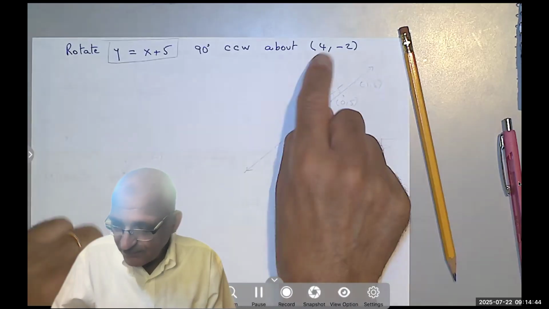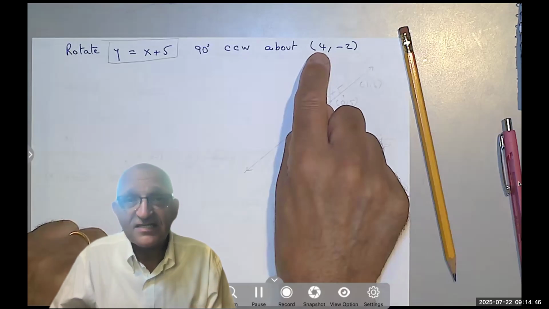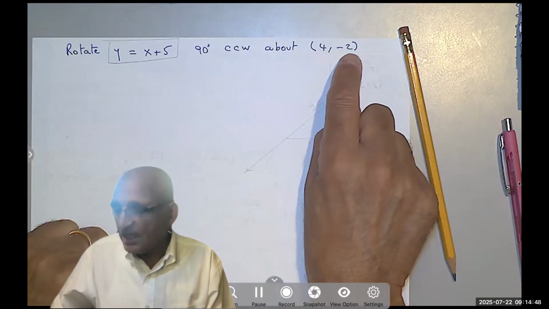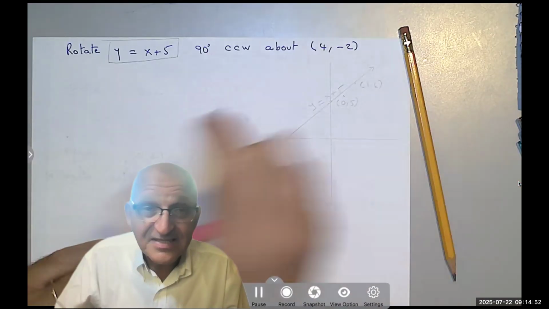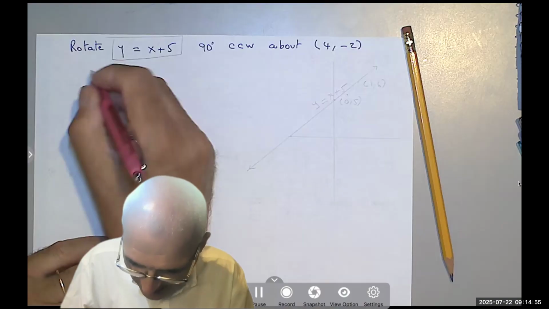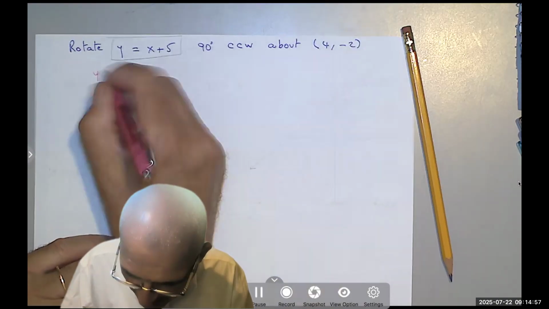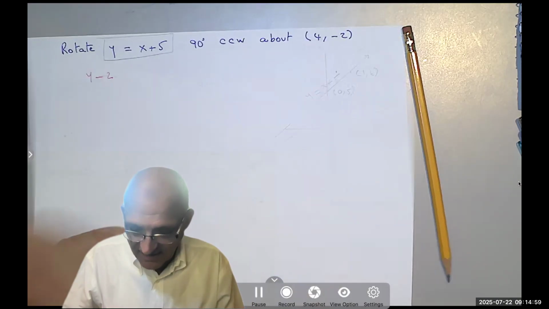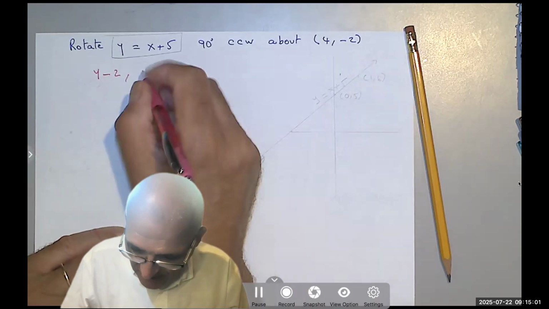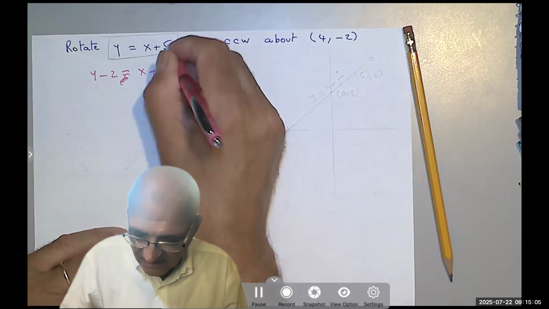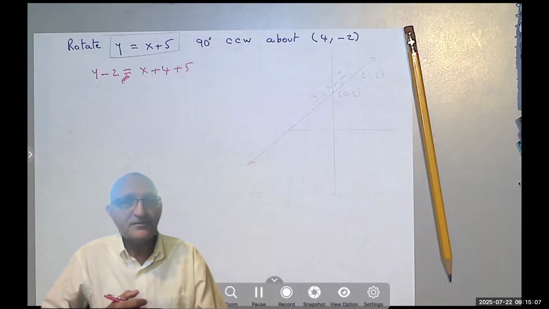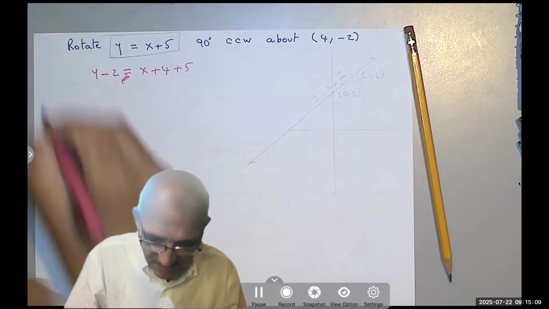We subtracted 4 from the x and we added 2 to the y. So here we are going to do the opposite. Instead of y, I'm going to say y minus 2. And instead of x, I'm going to say x plus 4. And there is another 5, so x plus 5. Bear with me. This is the first step.